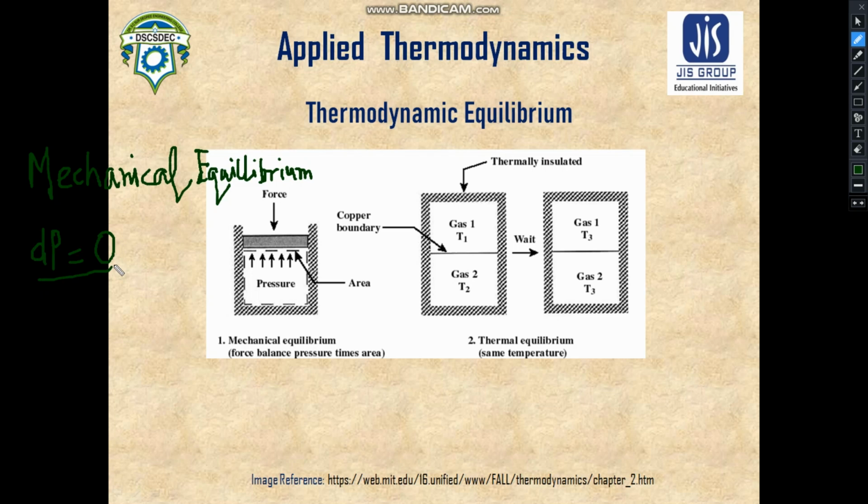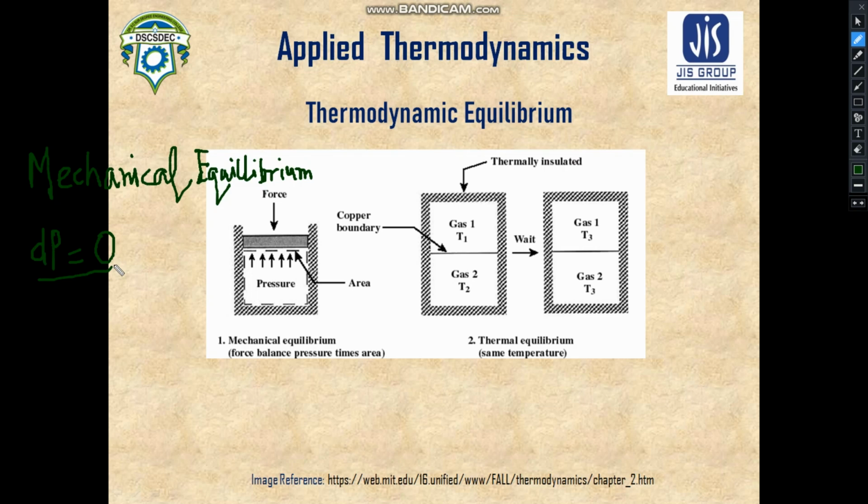Okay, so this is important here. That means if there is some kind of pressure difference, then there is an opportunity to obtain some kind of work. We can extract some kind of work whenever there is a pressure difference.